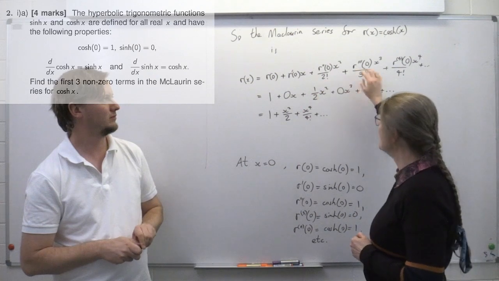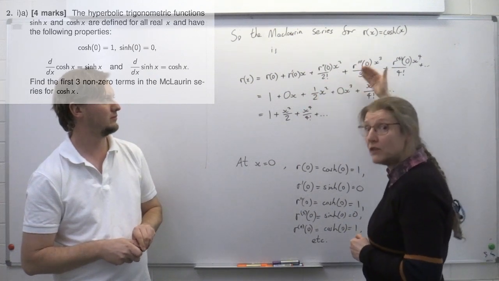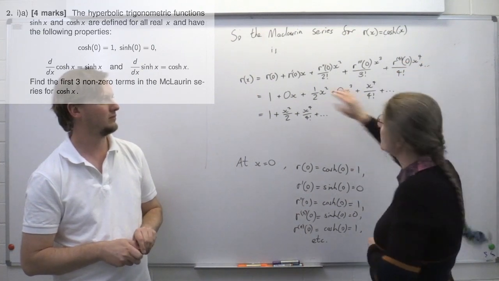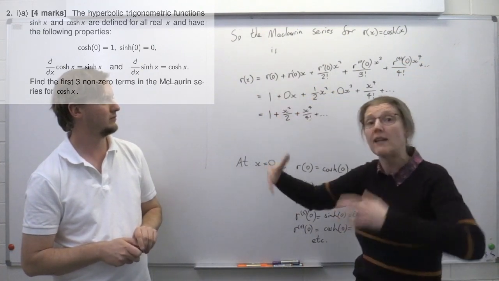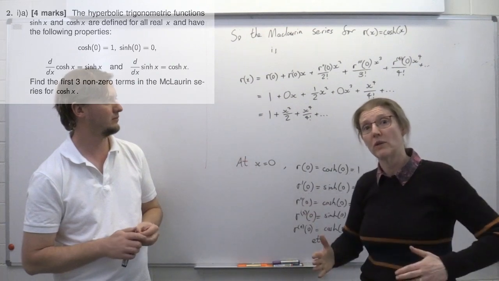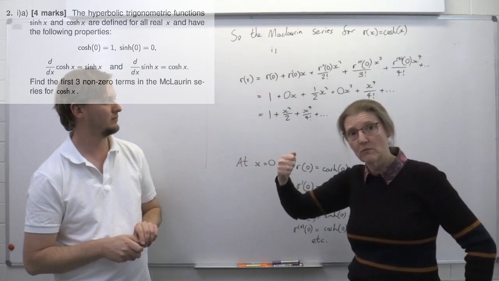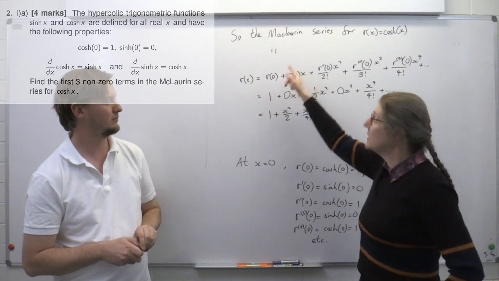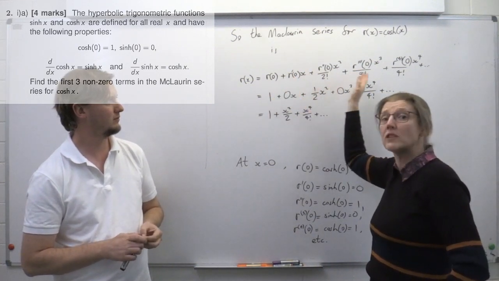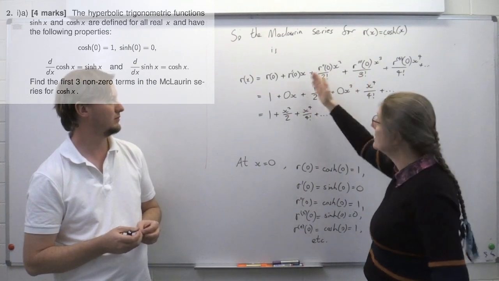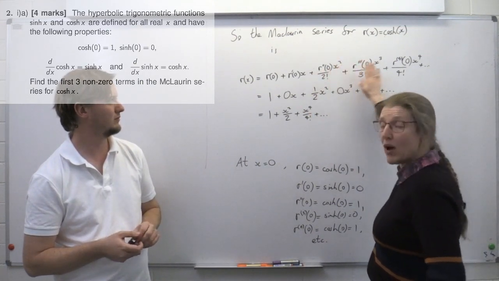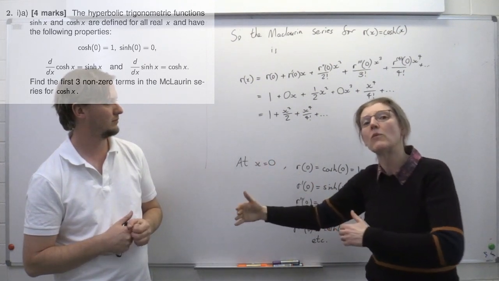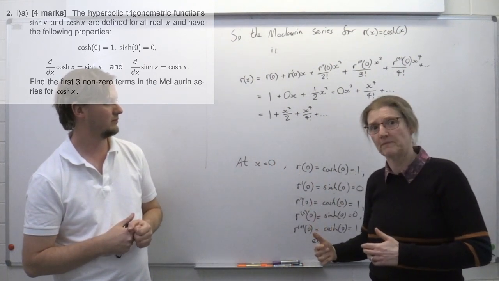And then another smaller correction for the curvature of the curvature, and so on and so on. So we're actually turning any function into a polynomial. The first bit is the actual point that you start at when x is 0, and then the tangent line, and then the curve of the tangent line, and so on. In this way we can get more and more accuracy, and this is not a bad approximation as long as we don't walk too far away from 0.